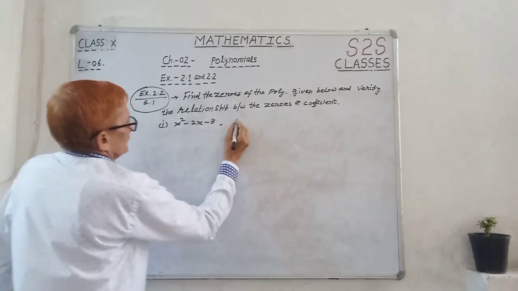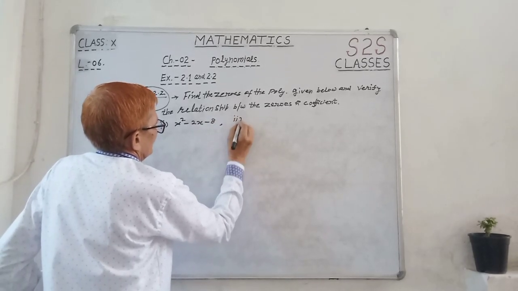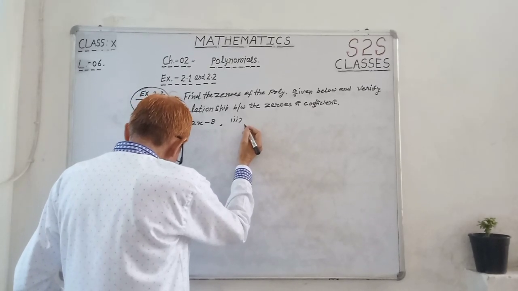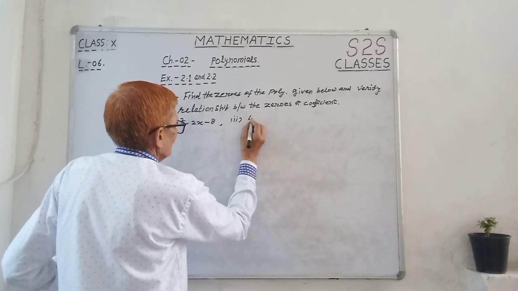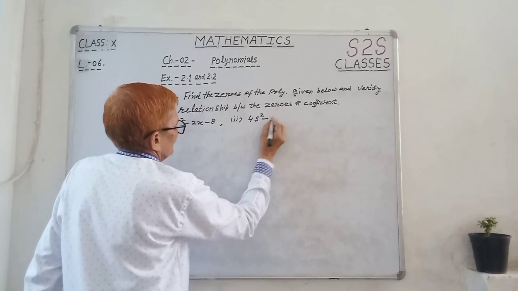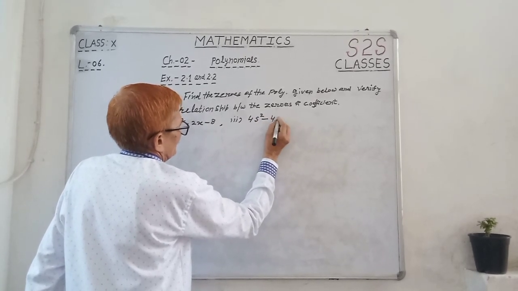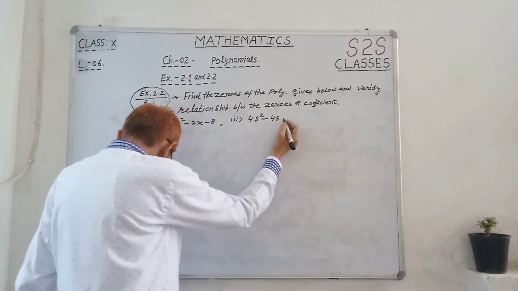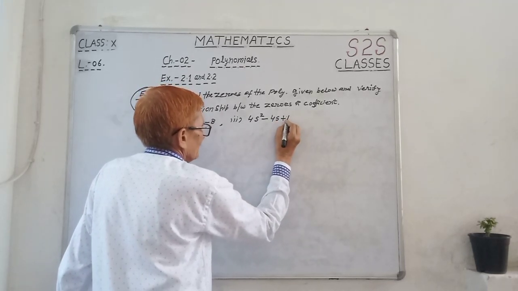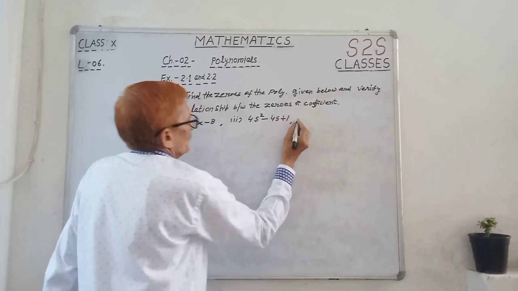Second part, 4s square minus 4s plus 1. You have it in your book.